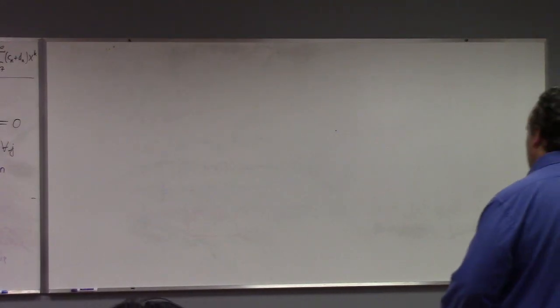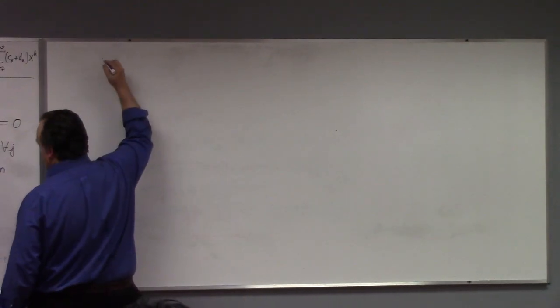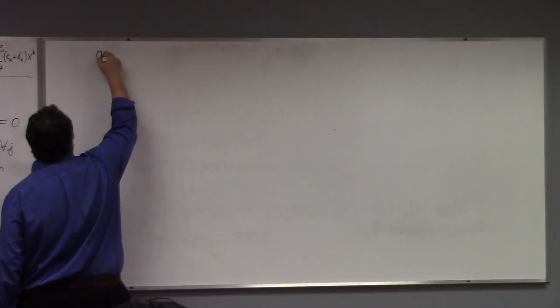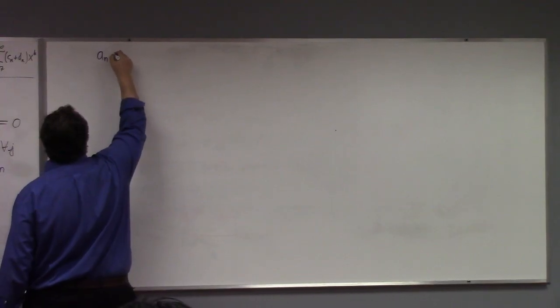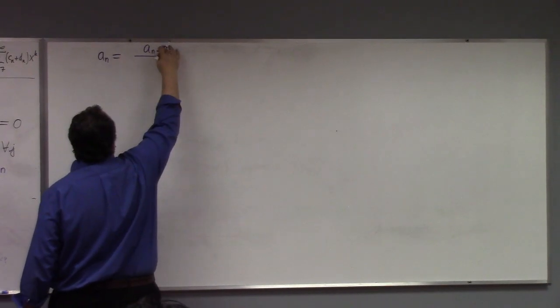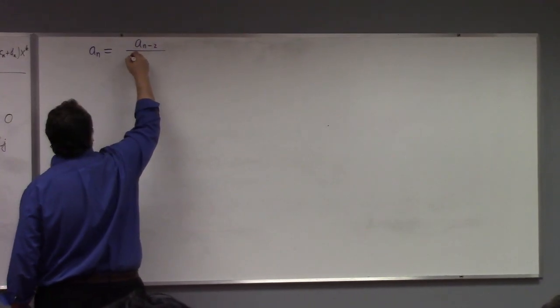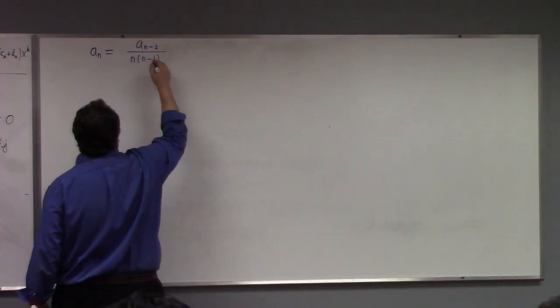Something people say. Okay, let me write it up here again for good measure. We are bound by this recurrence relation: a_n is equal to a_{n-2} over n times n minus 1. All right, great.